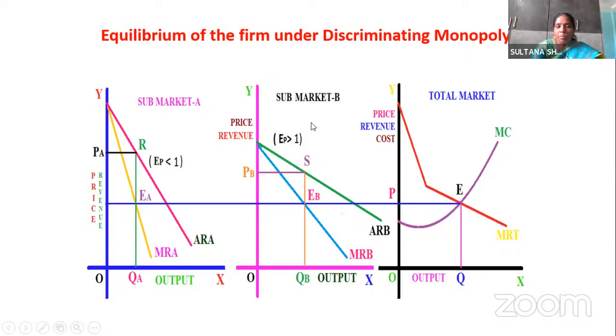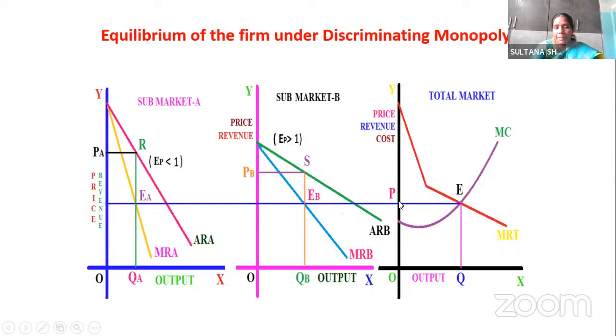If we add both markets, market A and market B, we get the marginal cost curve and the marginal revenue curve. In the total market, you can observe the total marginal revenue and the total marginal cost. Total marginal revenue equals marginal cost at this point, output OQ, and here the price P will be fixed.